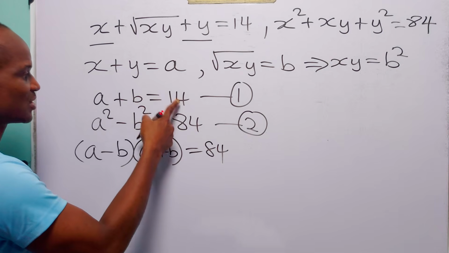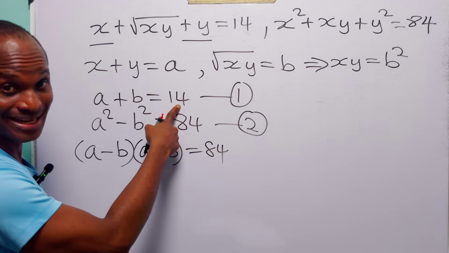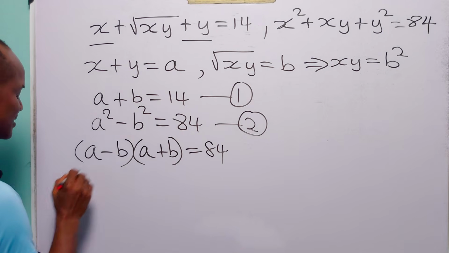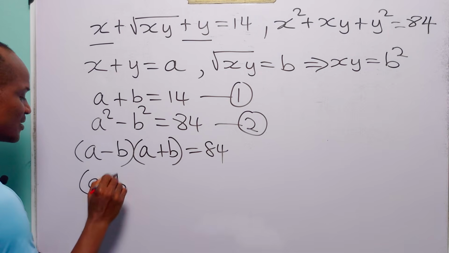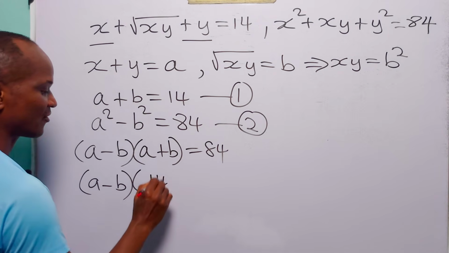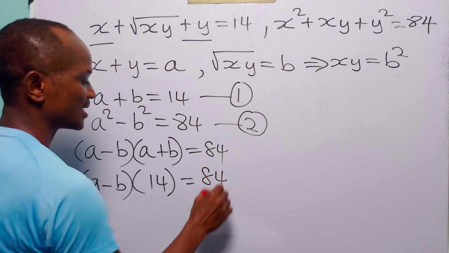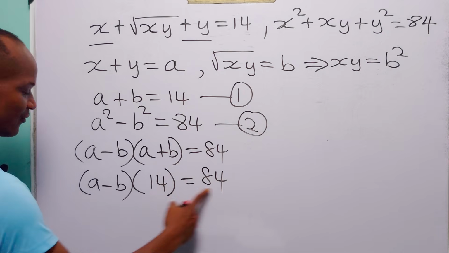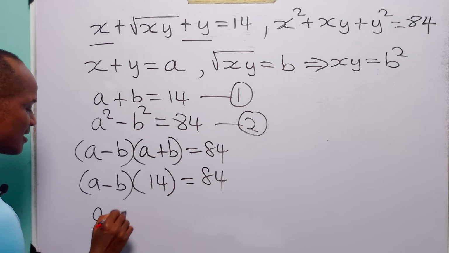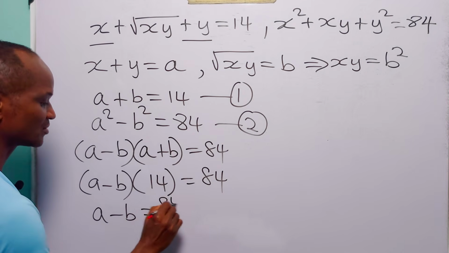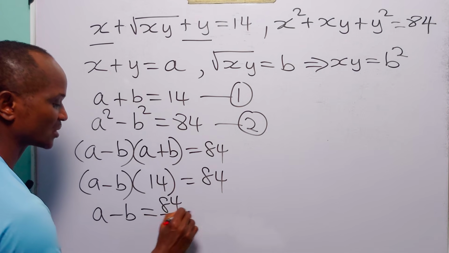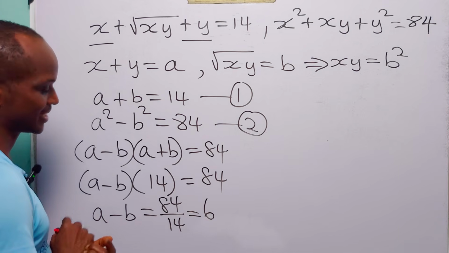But from the first equation, we have that a plus b is equal to 14. That means that a minus b times 14 is equal to 84. And from here we have that a minus b is equal to 84 over 14, which is 6.